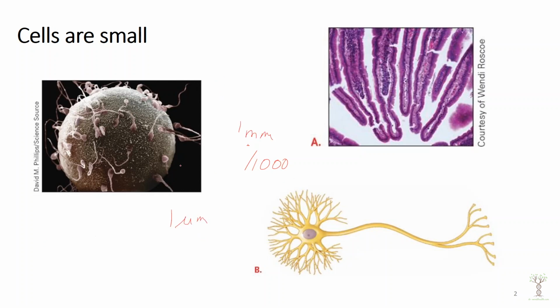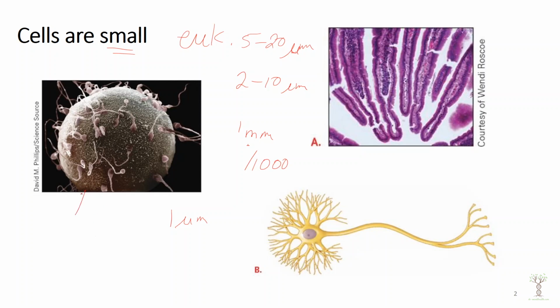Human cells, or eukaryotic cells, can be anywhere from about 5 to 20 micrometers, and prokaryotic cells are somewhere between 2 and 10 micrometers.